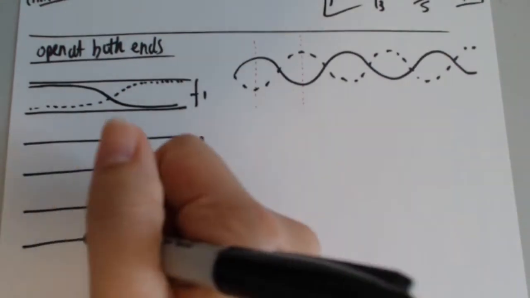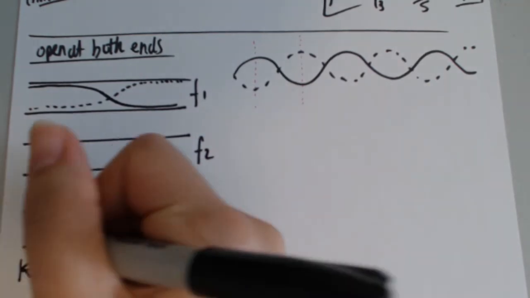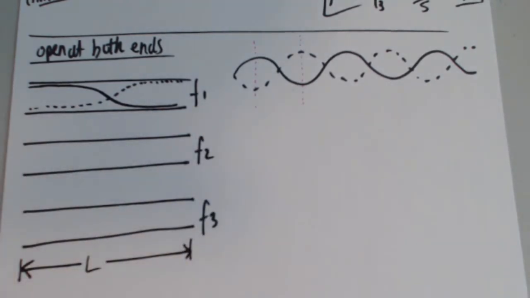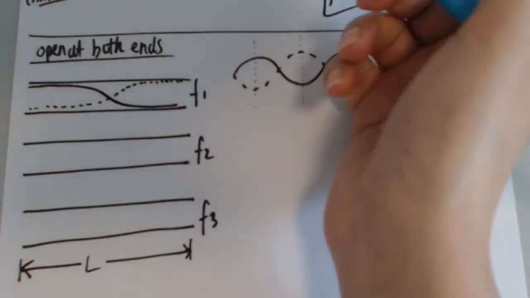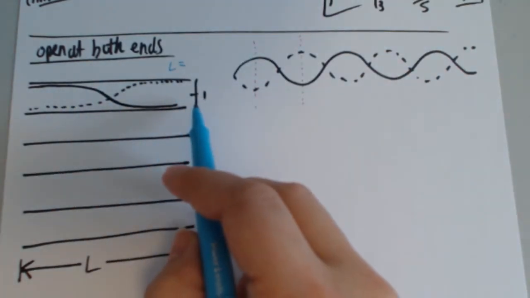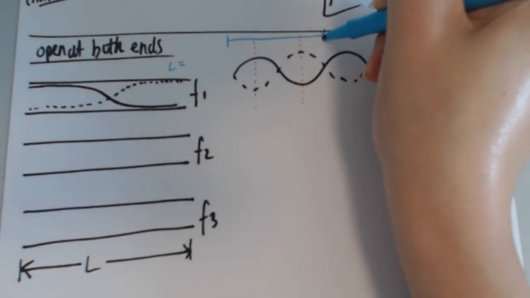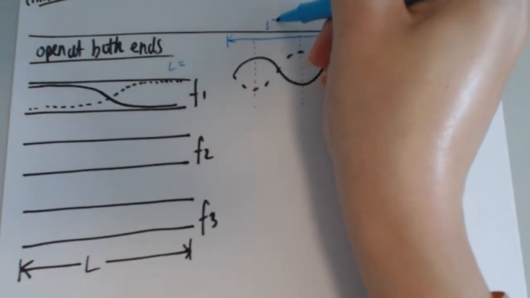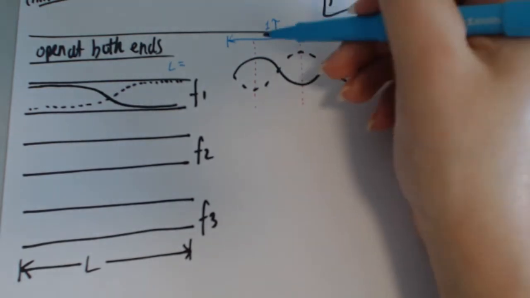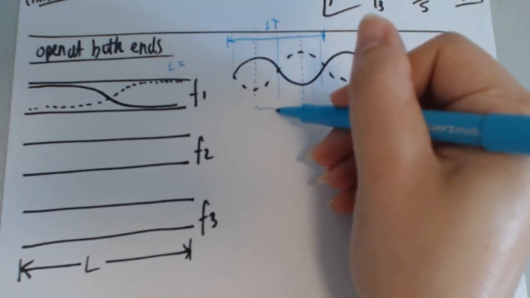Now once again, if we call the length of this pipe capital L, let's come up with expressions for the wavelength in terms of L, or rather L in terms of the wavelength, which we'll switch around. So in this first case, L is equal to, well, how much of a wavelength is that? If you're having trouble seeing it, remember that a wavelength goes from here to here. So that's 1 lambda. If you break it up into quarters, that is exactly 2 of the quarters.